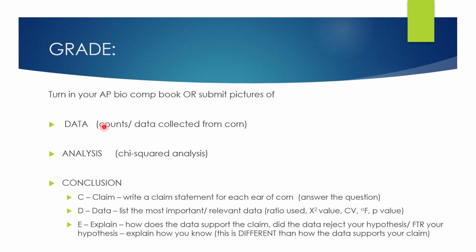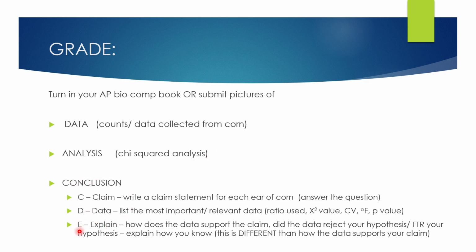Observed data is obviously going to be your counts, the data collected from the corn, but your expected data, whenever we're doing chi-squared analysis, your expected data, if it's not given to you, that comes from Punnett squares. So you can use Punnett squares, or you can use the laws of probability to determine what you expect the numbers to be based on the parents that you chose.